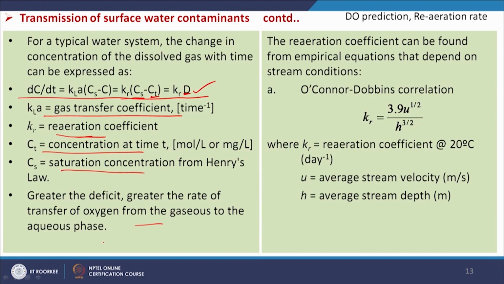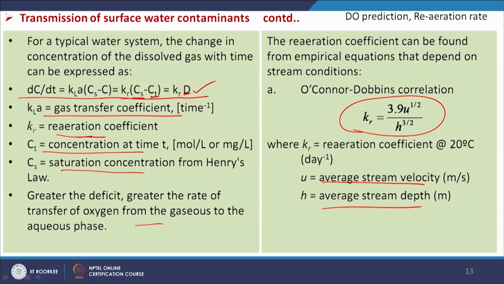Now, what will be the value of Kr? The Kr value depends upon the geometry of the stream. If we know the average stream velocity u in meter per second, and the average stream depth h in meter, then we can use the O'Connor-Dobbins correlation.